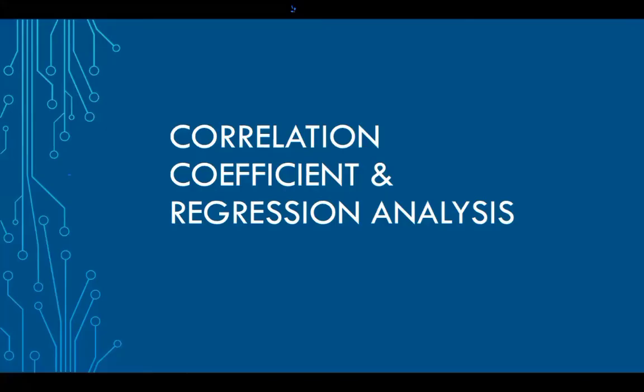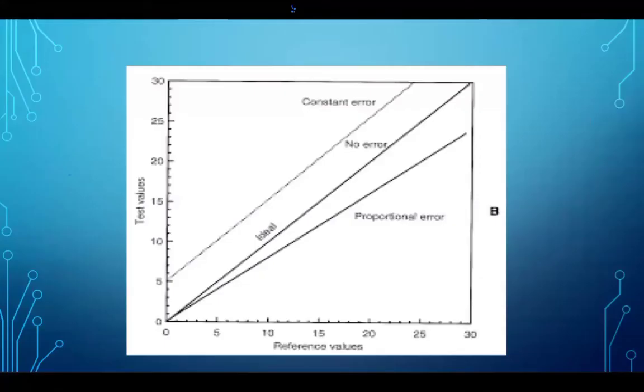For new equipment, what is required? We calculate correlation coefficient, we do regression analysis. Now look at this picture. Suppose we want to analyze one hematology analyzer. On the x-axis, we are plotting results of our old machine, which we are using in our laboratory, and we are happy with this machine.